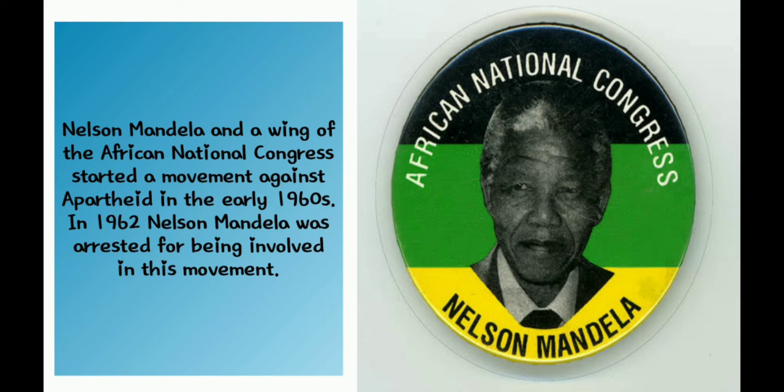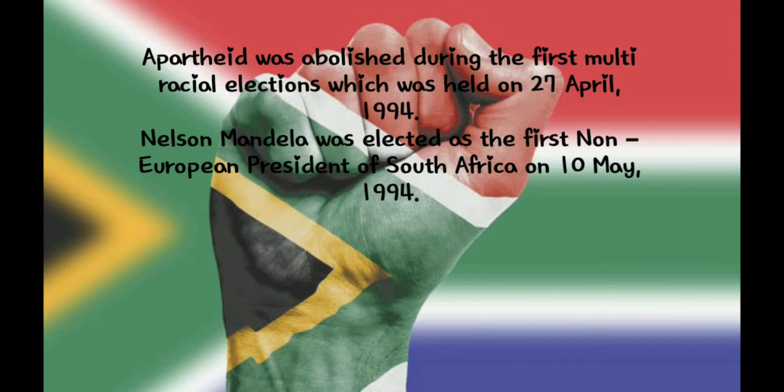In 1962, Mandela was arrested for being involved in this movement. Apartheid was practiced till the 1990s and was formally abolished when the country's first multiracial elections were held on 27 April 1994.